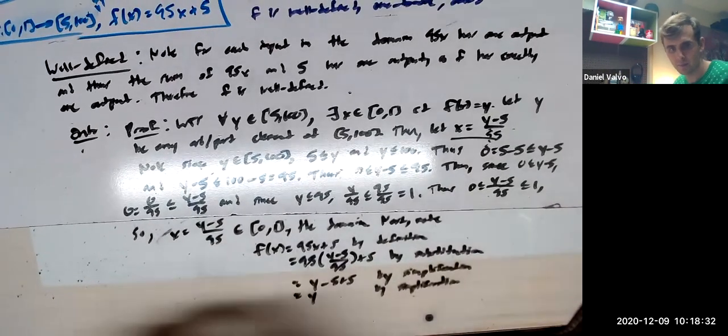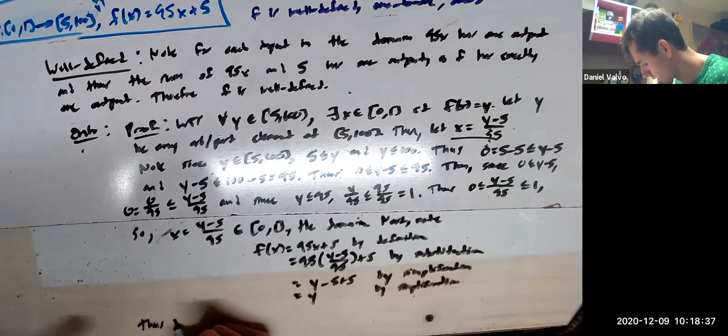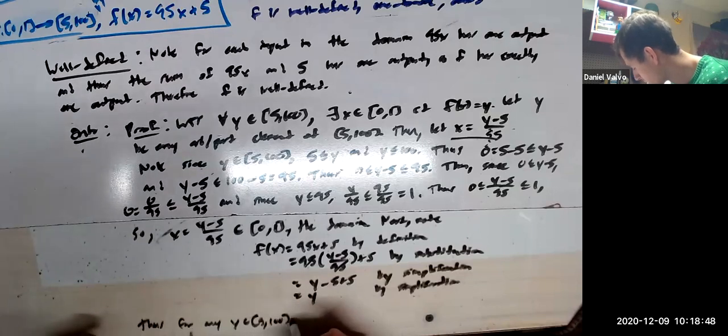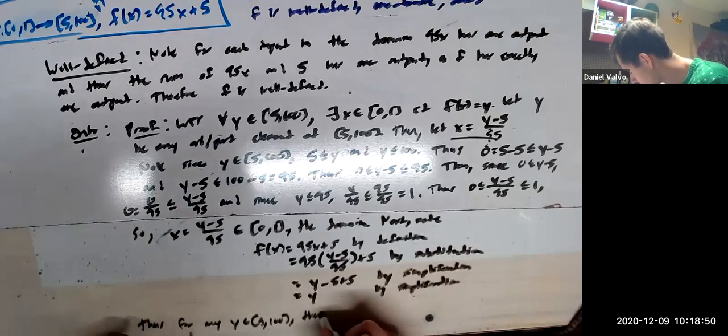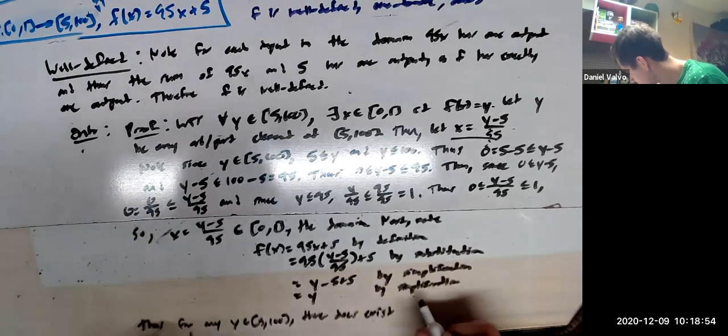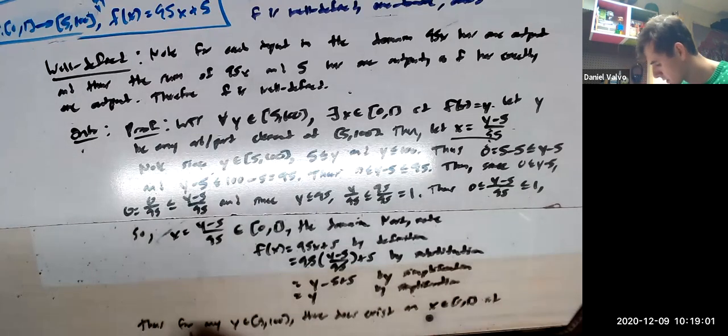Thus, for any y in [5, 100], the codomain, there does exist an x in the domain such that y equals f of x.